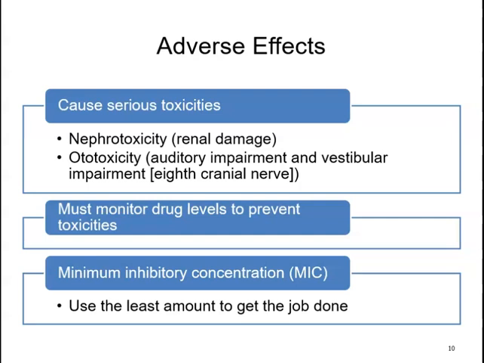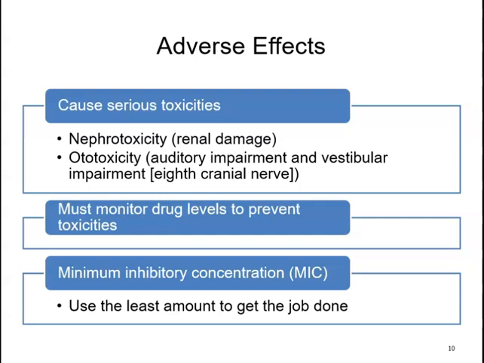As those rise, we can assume that the kidneys are being damaged. Ototoxicity may present in your patients as tinnitus, dizziness, hearing loss, sort of feeling a fullness in the ear. And again, that can be a very serious issue, because once the hearing is gone, it will not come back.